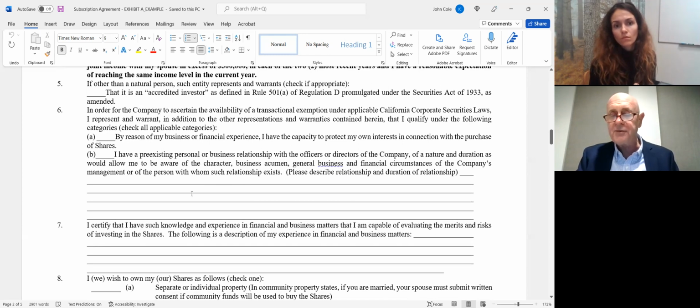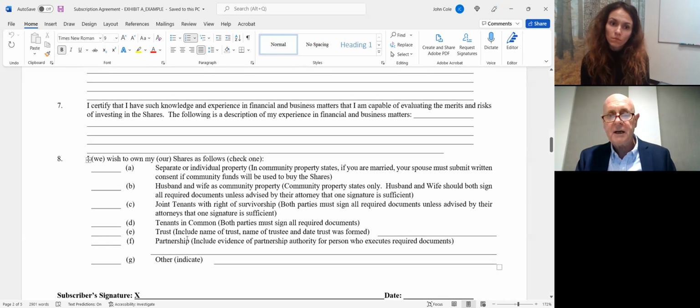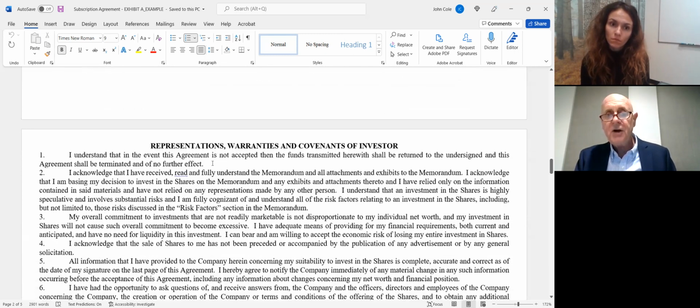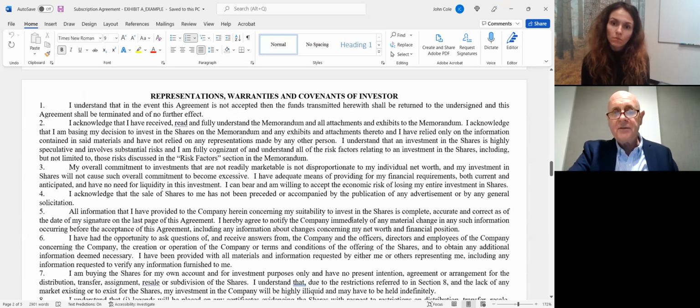And what they're really asking here is they want to make sure that the investor has some level of education and that they understand the investment. And you'll see in here, there's verbiage at the very end that talks about representations, warranties, and covenants of the investor.